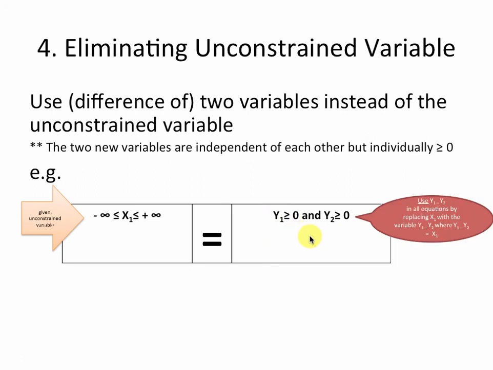In such a case, to get the optimal solution of the original problem, y1 - y2 will be used. For example, if y1 takes a value of 4 and y2 takes a value of 5, then y1 - y2 is negative. Whereas if y1 takes a value of 5 and y2 takes a value of 4, then y1 - y2 is positive. So this representation of y1 - y2 is equivalent to x1.